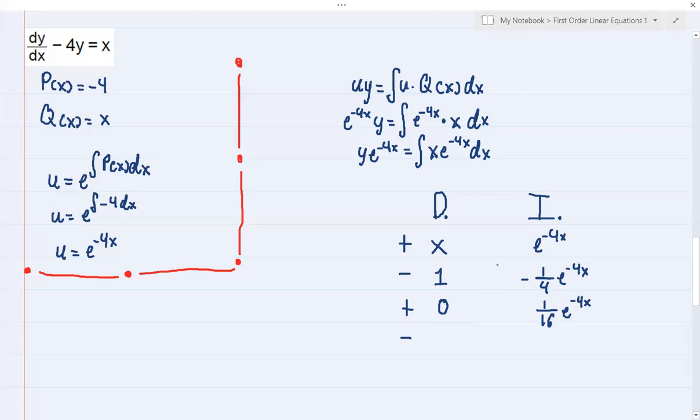Okay. Now, what we're going to do is multiply the x into this one and multiply negative 1 to this.